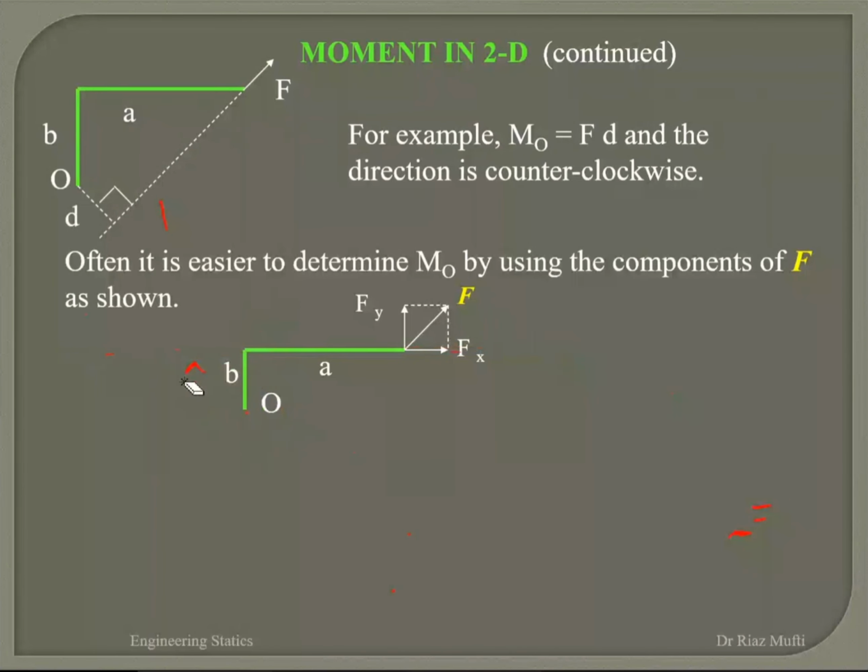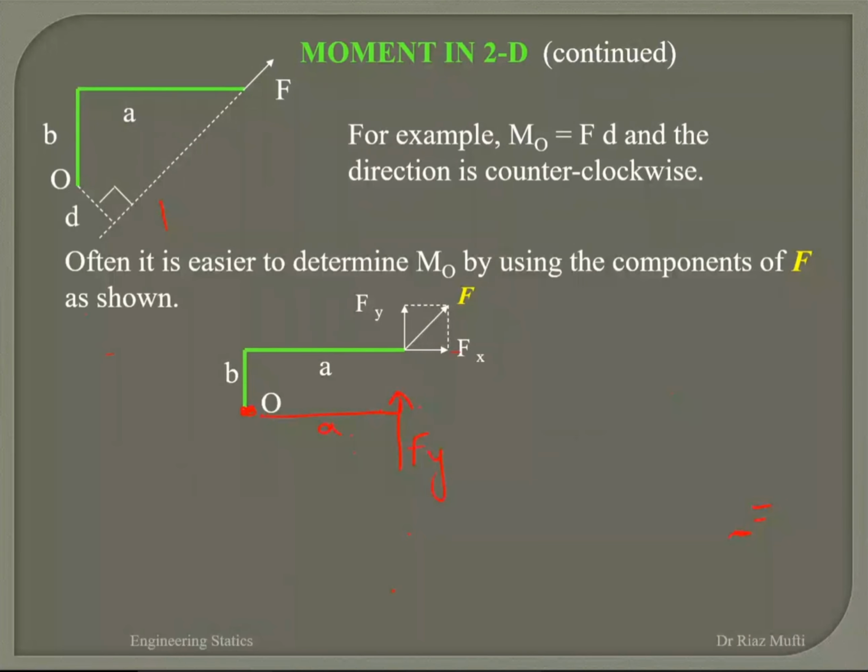Similarly, if I look at Fy, this is my force line, okay? Force line. And this is the distance a. I'm looking at this point. So that's my distance here. So I can simplify this into this problem. That's the distance, and this is the force being applied, Fy.